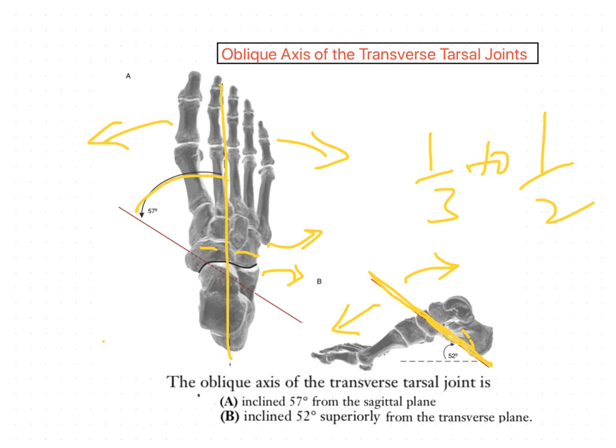If the transverse tarsal joint does not work properly, then the subtalar joint will not produce such a range of supination and pronation properly. This is what you have to understand related to the axes of the transverse tarsal joint.